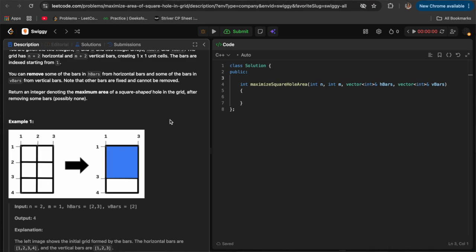If I remove one bar, then I have one unit of area, and then I have a next bar. I can take that as my right bar, and the bar before the removed bar, if I have not removed it, I can take as the left bar, and right minus left is the width.